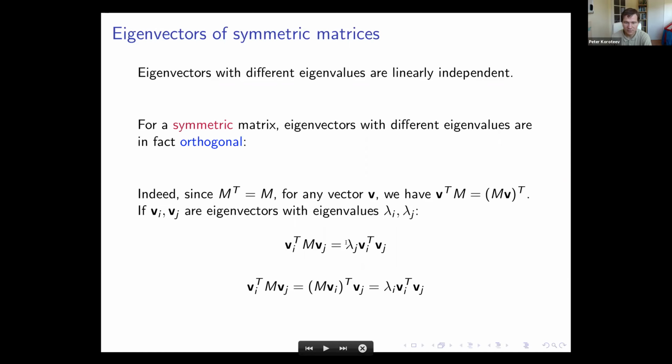Another computation combines (M v_i) transpose and writes it as lambda_i v_i transpose v_j. If these eigenvalues are different, then it follows that these vectors are orthogonal, because it's the only way to reconcile these two situations.